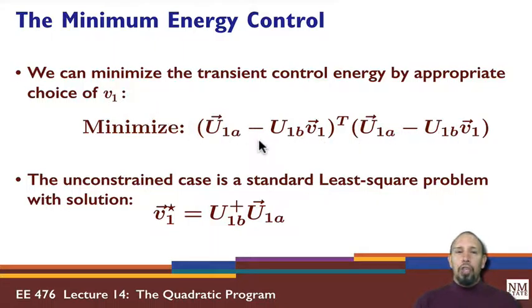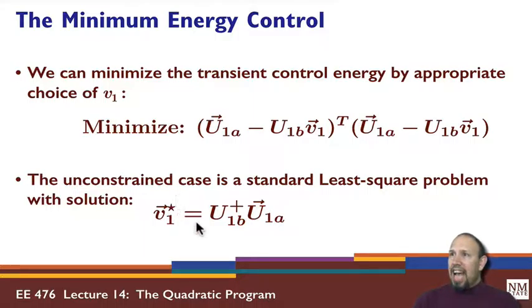And if all we want to do, if we didn't have the other constraints, then we could solve the minimization of this problem using the standard least squares solution. We take this matrix pseudo-inverse times this, and that's the star solution. So in the case of no other constraints, we're good.